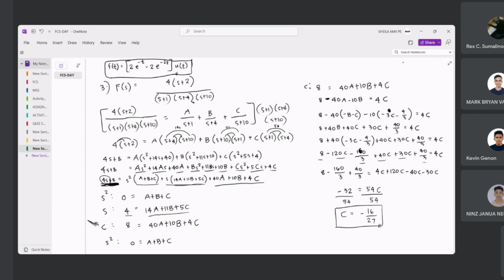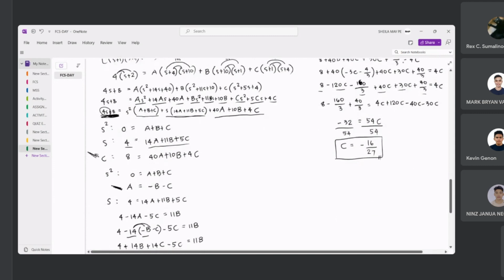Okay, now from C, we can get our B. Remember, the equation for B is negative 3C minus 4 thirds. So from that, B equals negative 3C minus 4 thirds.